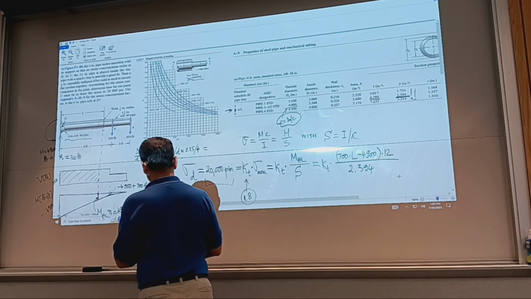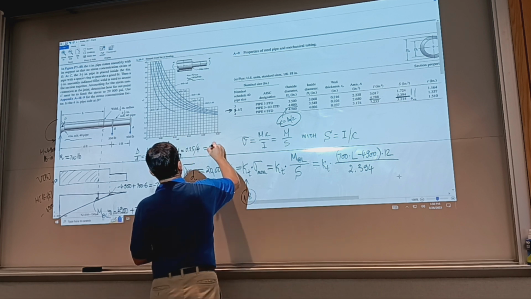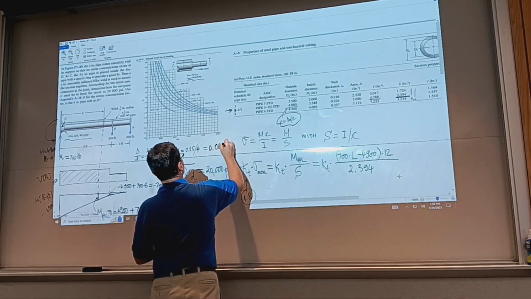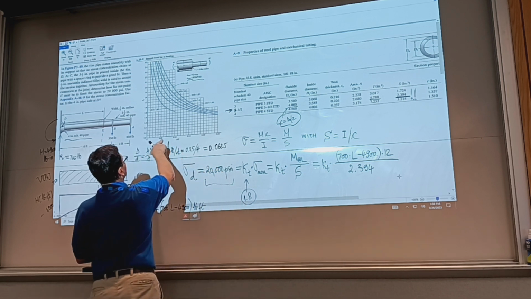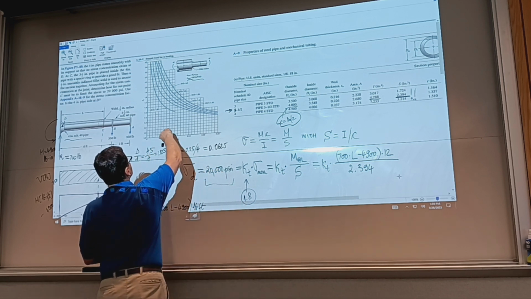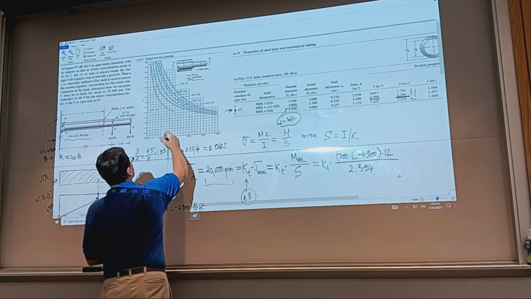This other one is going to be, I said 0.25 over 4. This is 0.0625. So 625 will be here.